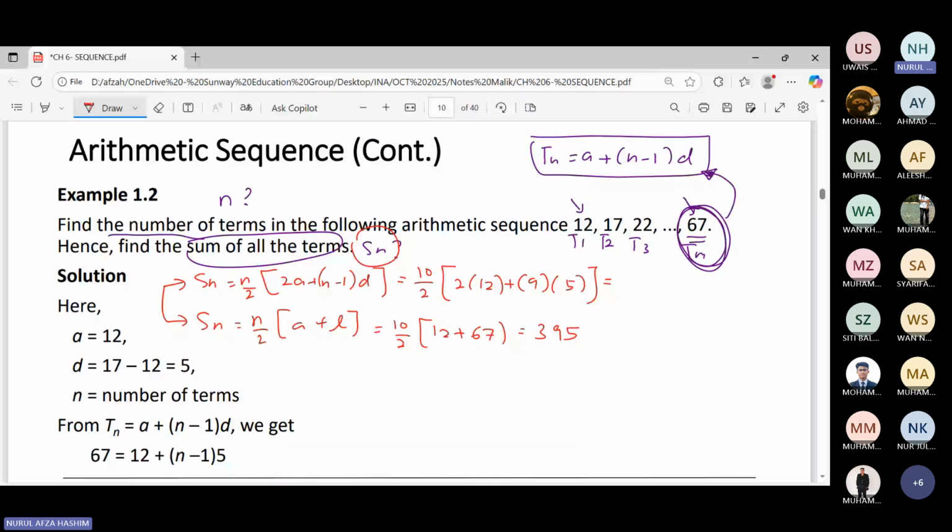This is 2 times 12 plus 9 times 5 and then times 5. Right, this is 345. Do you get the same as mine here? Wait, you get the same answer. You got to check the formula. Sometimes the formula that given to you is wrong.